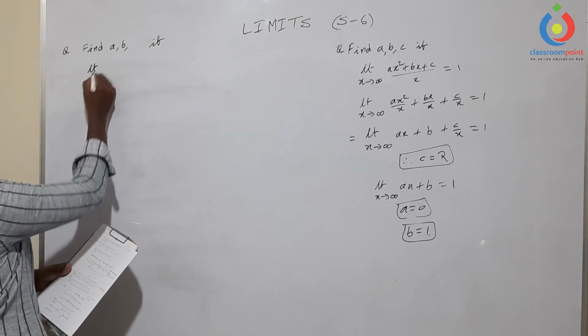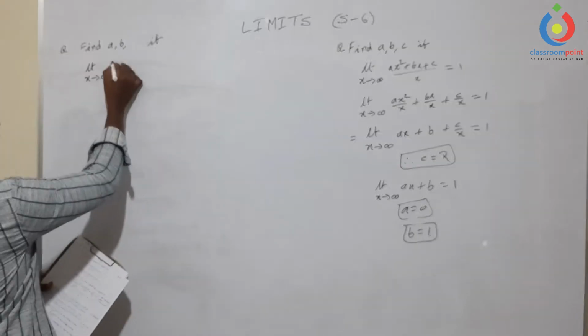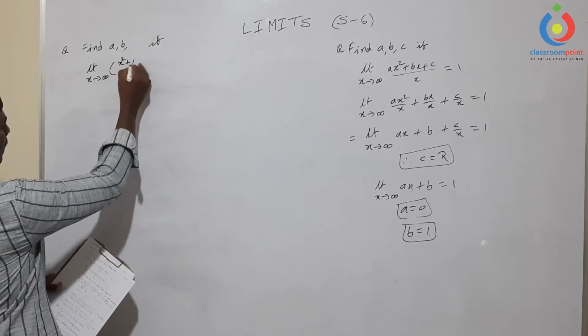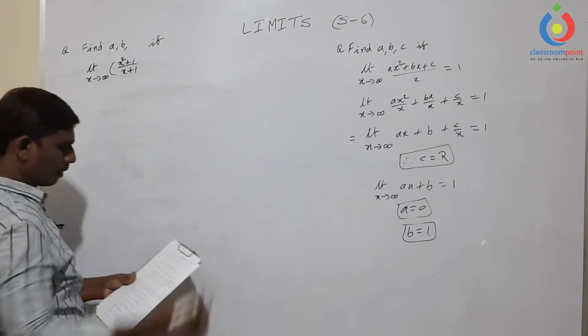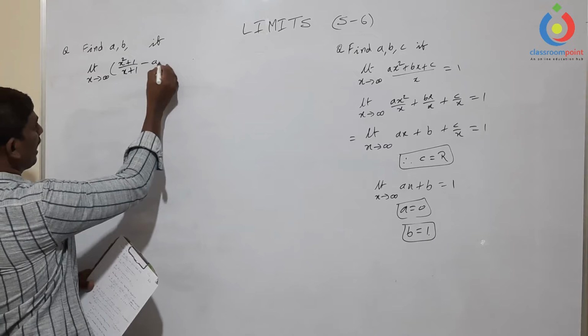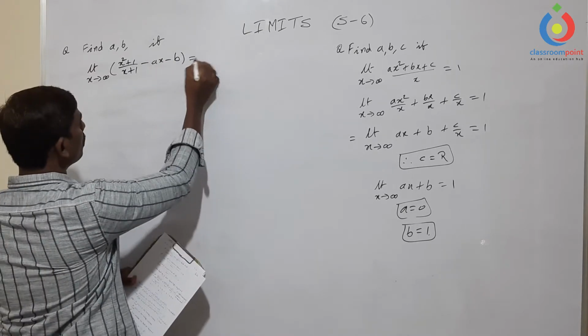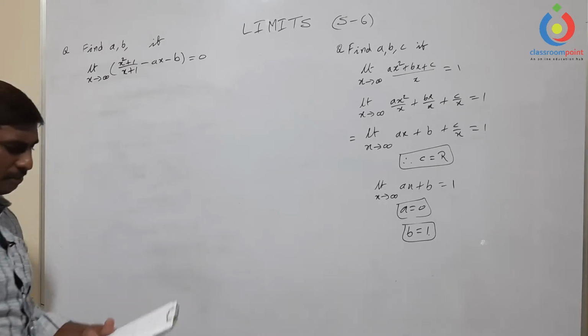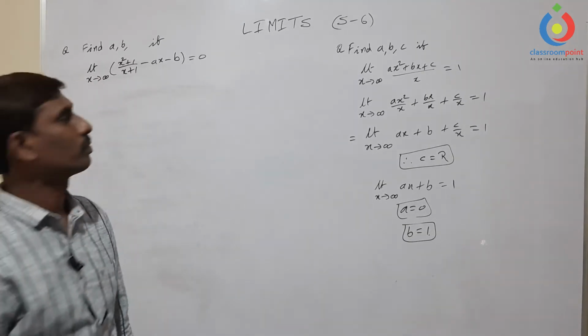Limit x tends to infinity, (x square plus 1) by (x plus 1) minus ax minus b is equal to 0. Then find a and b. This is the simplification. Then what to do here? See, simplify.